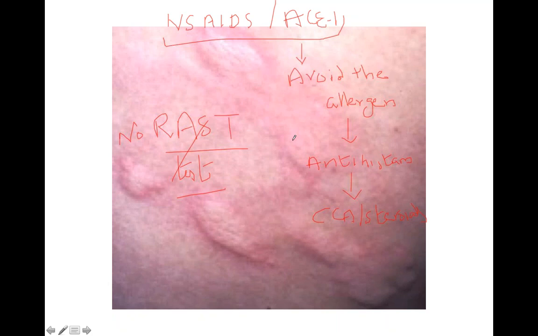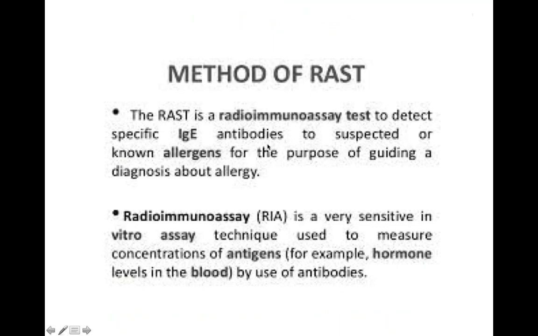So this is the RAST test, the radioallergosorbent test. It is done when we want to detect the allergen. Radioallergosorbent, radioimmunoassay, concentration of antigens. So we have a suspected allergen.